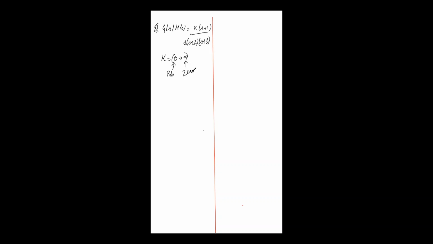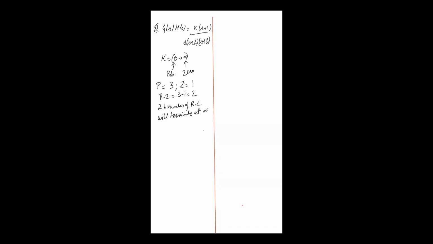So first step is to see how many poles there are. Number of poles is 3. Number of zeros, if you can identify, is 1. So p minus z gives 3 minus 1, that is equal to 2. That means 2 branches of root locus will terminate at infinity.